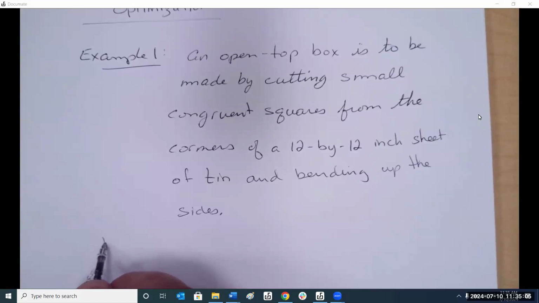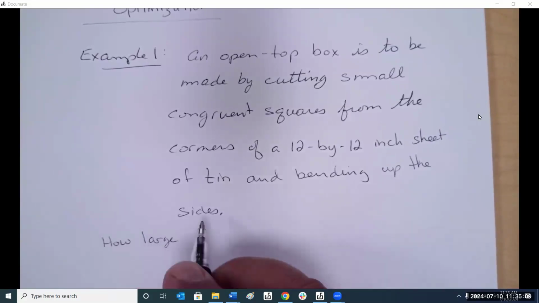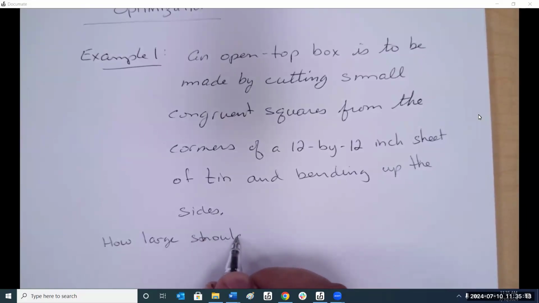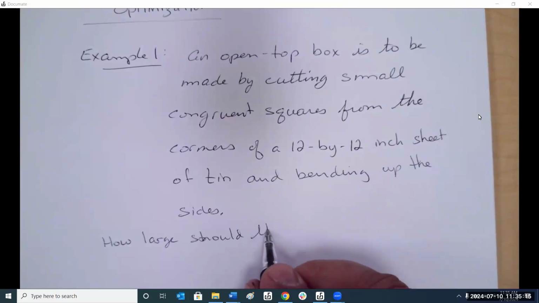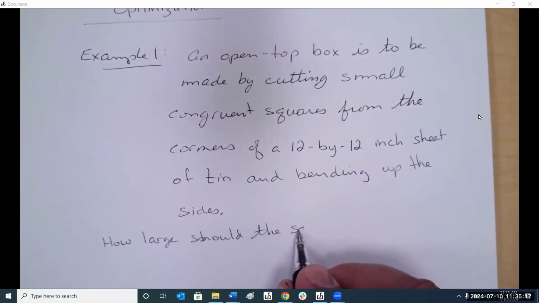So the question is, how large should the squares be?